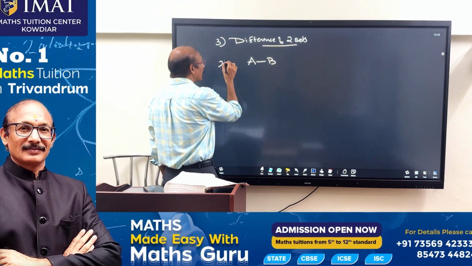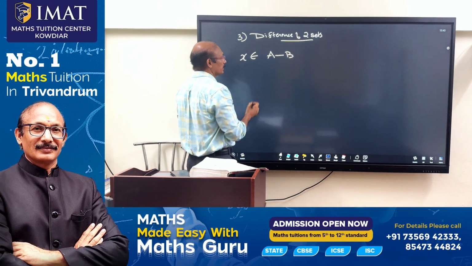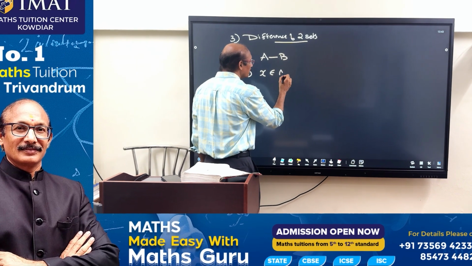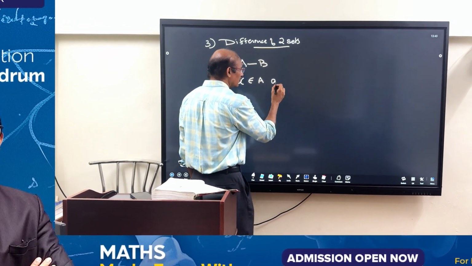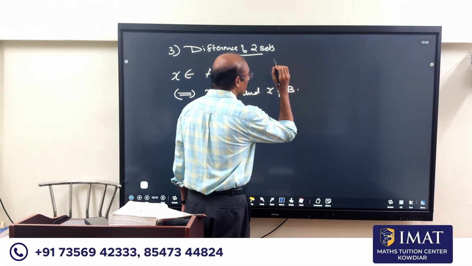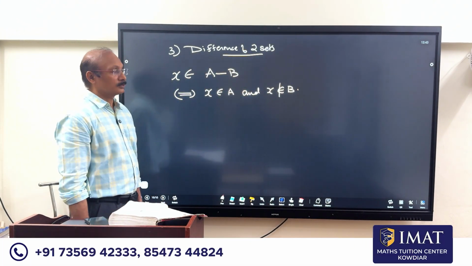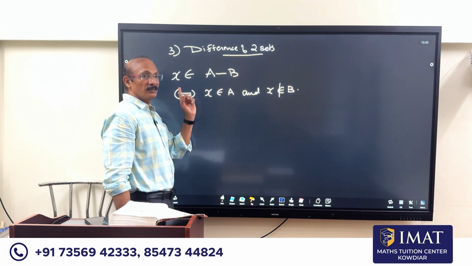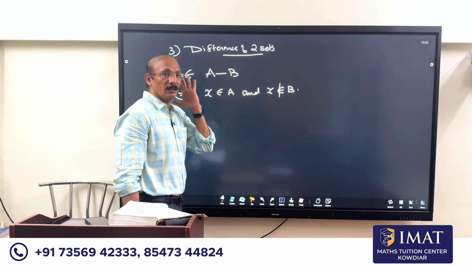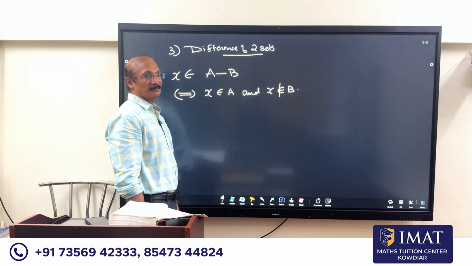Suppose I say an element X belongs to A minus B. It implies and is implied by that element will be in A and that element X will not be in B. So this is the definition of A minus B. An element in A but not in B. This is A minus B.